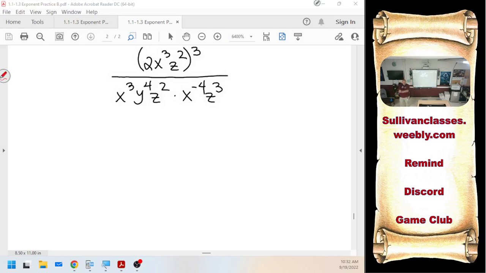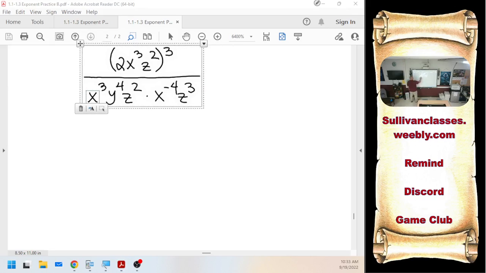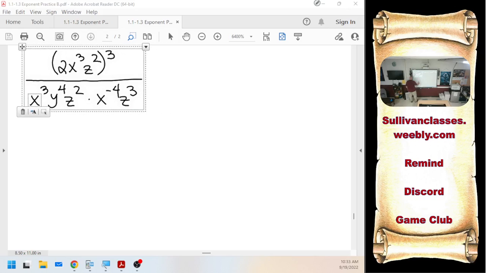Stage 1. It looks big and ugly, but look at the pieces. Do I have an exponent on a parenthesis? Yes. So deal with it. First thing you're doing. You, and you. So we'll rewrite that as 2 to the third.